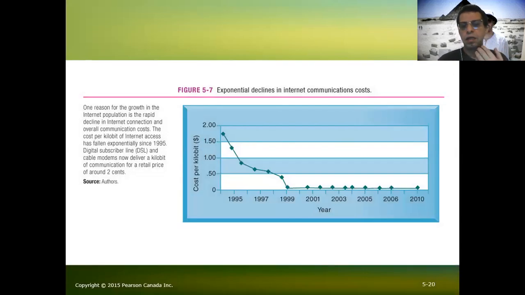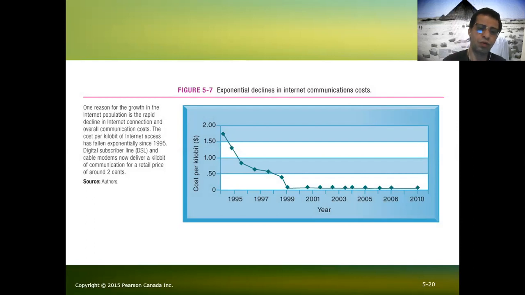The decline of internet communication costs: although we don't really feel that, it is true. The end users don't feel it as much as others do. It is because of the increase of fiber optics and new technology, towers everywhere, so the cost of communication is really going down.